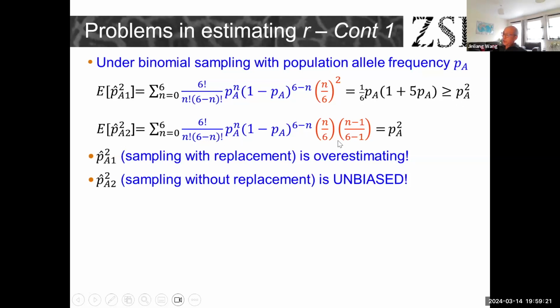But if you use sampling without replacement, you get an unbiased estimate, which is equivalent to the true value, that is pA squared. The overestimation of pA squared by sampling with replacement increases with a decrease in allele frequency pA, as shown in this graph. So the most bias occurs with rare alleles.